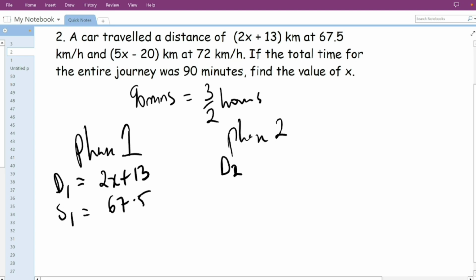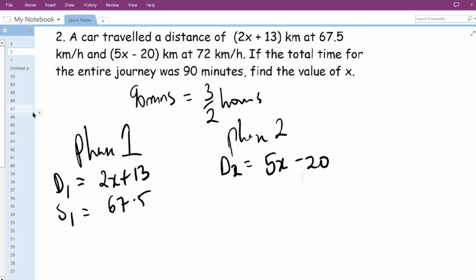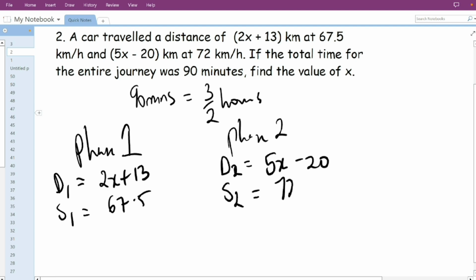Phase 2: d2, the second distance covered, is 5x minus 20, and the speed, s2, is 72 kilometers per hour.